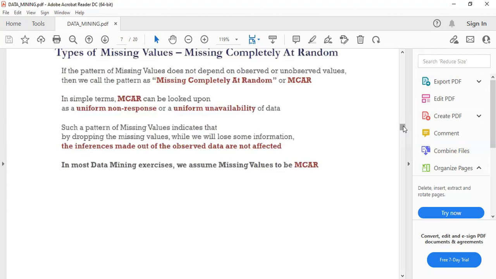Now look here. If you drop these missing values, assuming that the missing values are MCAR, that is missing completely at random, then the inferences made out of the observed data are not affected.